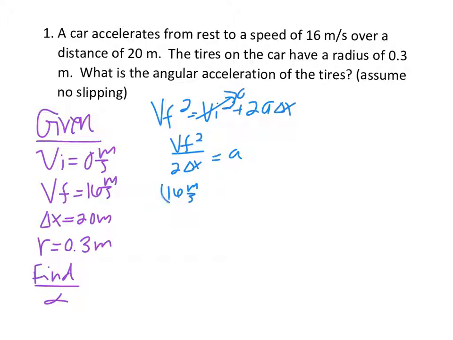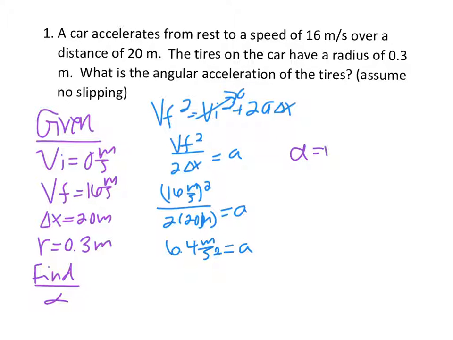16 meters per second, squared, over 2 times 20 meters equals acceleration. So 16 squared divided by 40 equals 6.4 meters per second squared. And that's my linear acceleration. We know that linear acceleration equals r alpha.